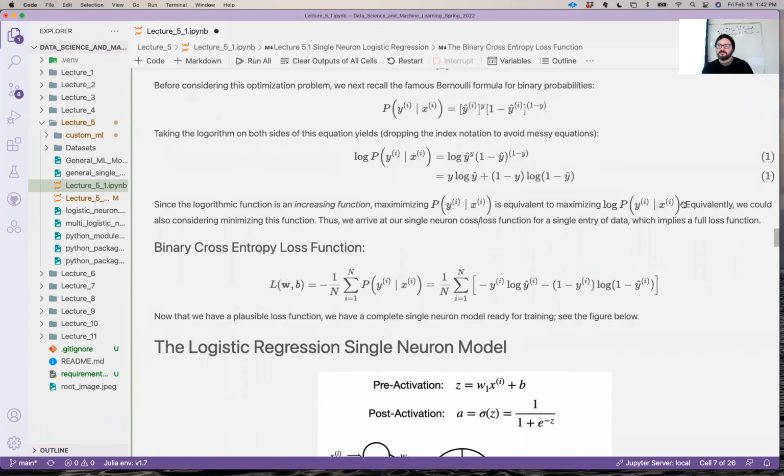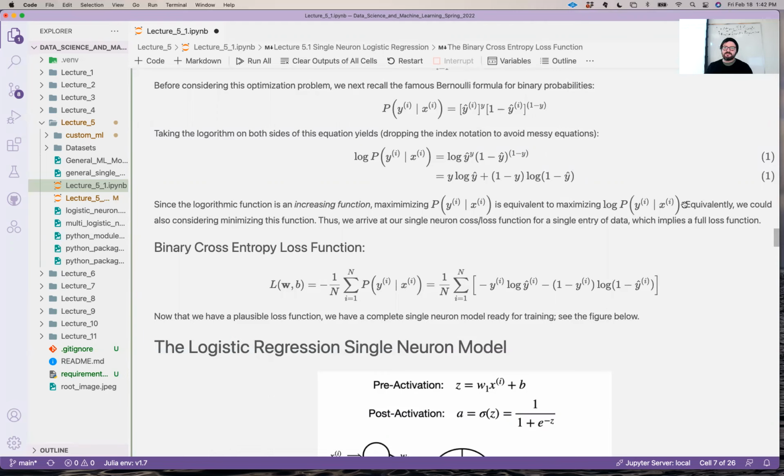Now, we could technically use a technique called gradient ascent to solve this problem. Instead of gradient descent, gradient ascent, meaning we would go in the direction of the gradient, not in the opposite direction. We would find a local max. However, just so that we stay consistent, we're going to transform this maximization problem into a minimization problem so that we can stay with gradient descent.